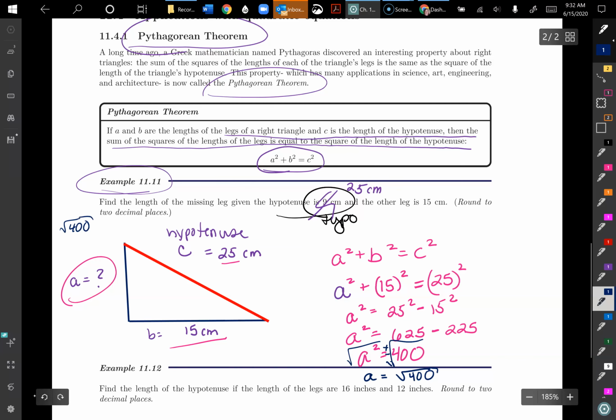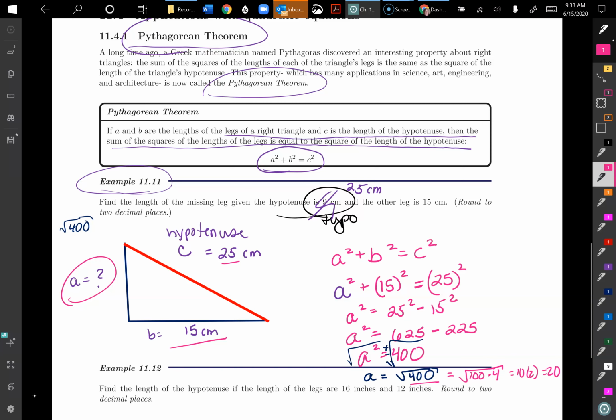I could write that as the square root of 100 times 4. If I didn't know right away what it would be, I could break it down. I know the square root of 100 is 10 and the square root of 4 is 2, and so I would get 20. But you might be able to just pick up right off the bat that that's going to be 20.